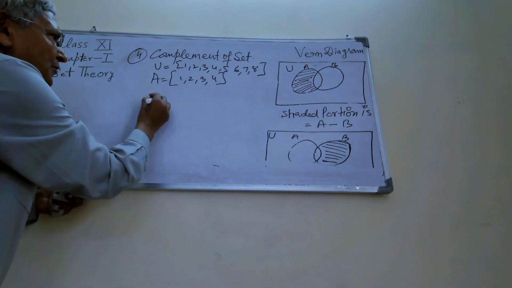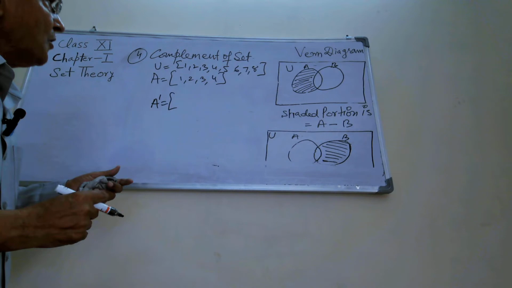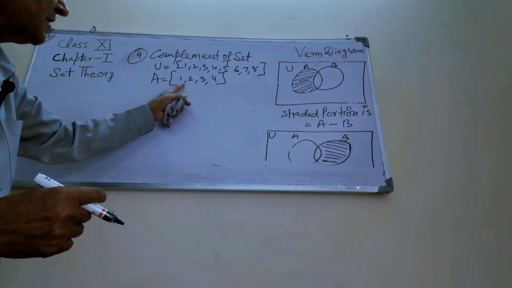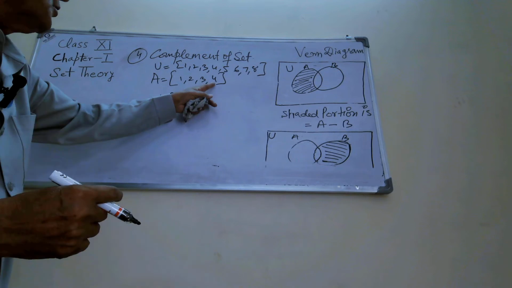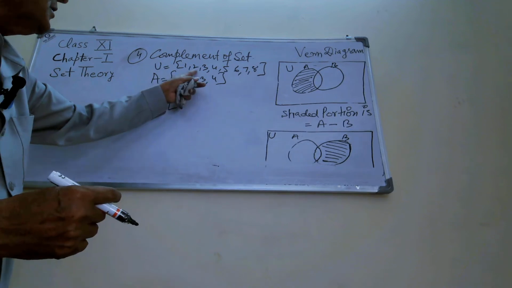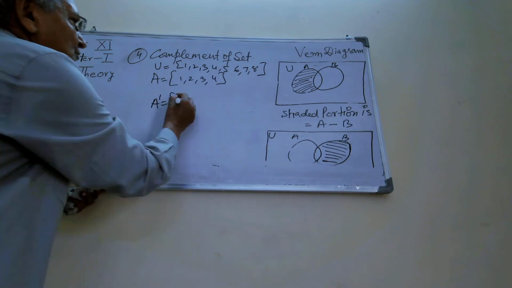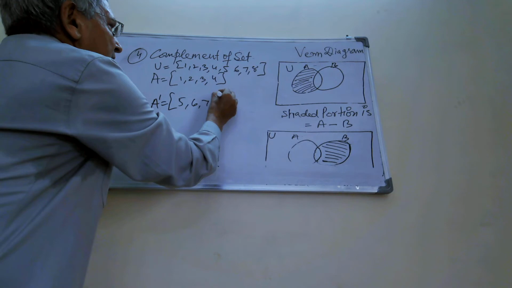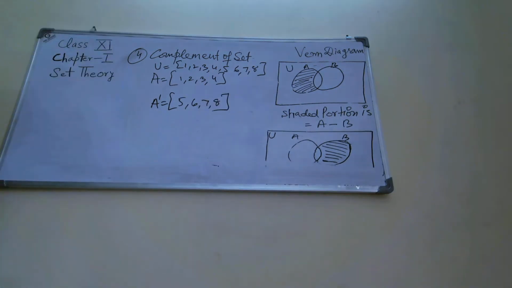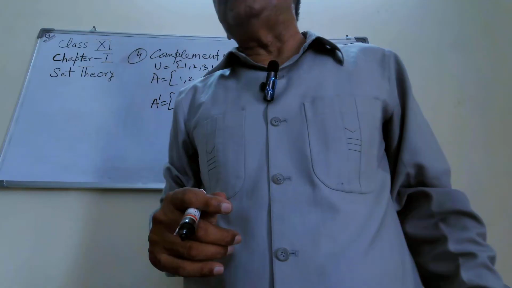If you want to find out A complement, you have to write down all the elements of U other than A. You have to leave these four elements 1, 2, 3, 4 and write down 5, 6, 7, 8 in the complement. So this is the example of complement set.